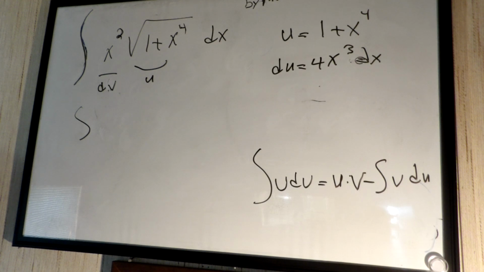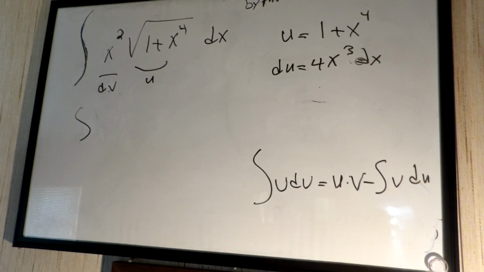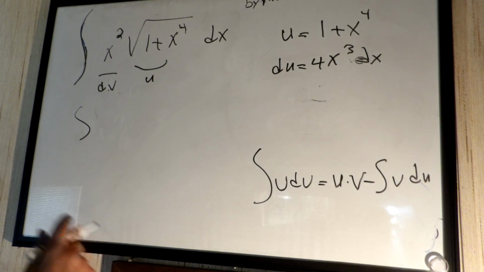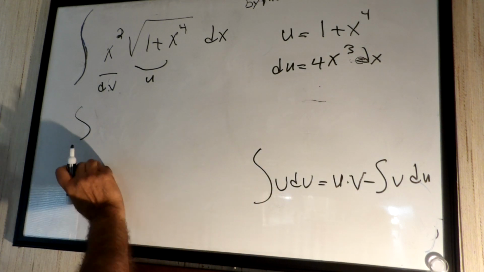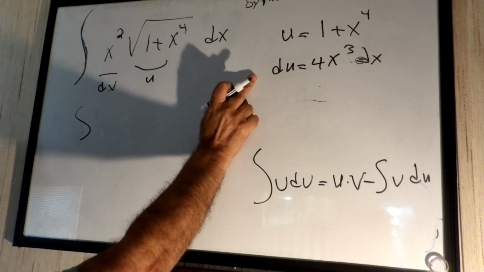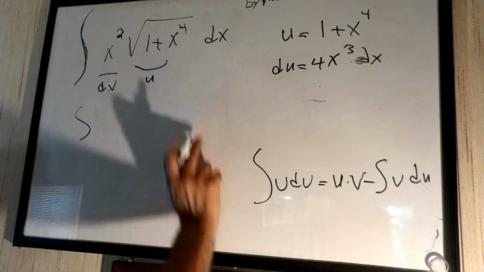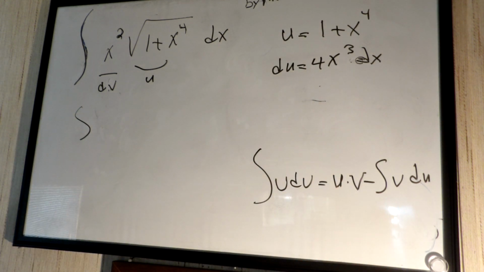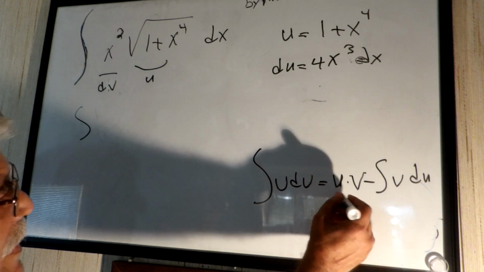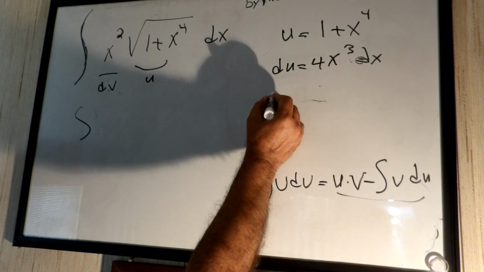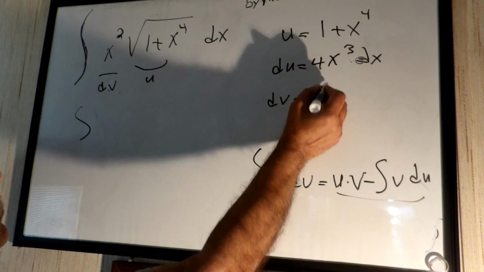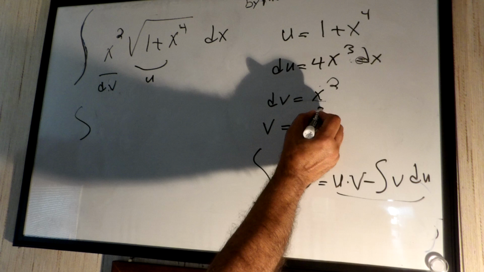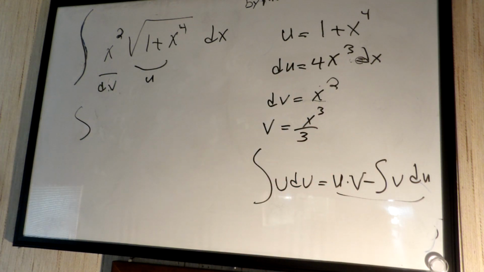So we have to write all of u, dv, du and v. We have to have all these elements here. dv is x^2, so what is going to be v? x^3 over 3, right? Now we have all these elements here.